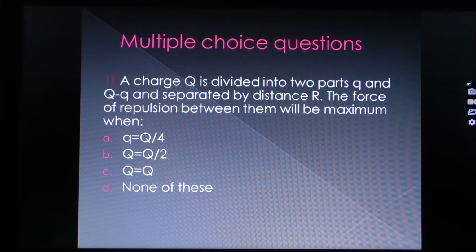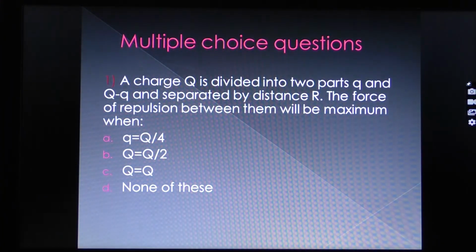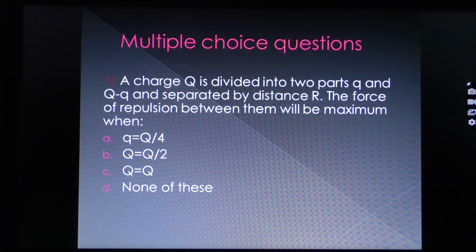First of all, we come to multiple choice questions. This is page number 53. This is the exercise of the first chapter, that is Electrostatics, chapter 11. Now we come to the first MCQ. A charge capital Q is divided into two parts, small q and Q minus q, and separated by distance r.